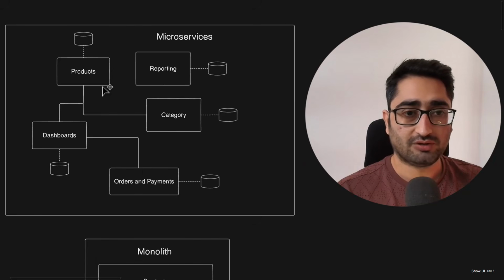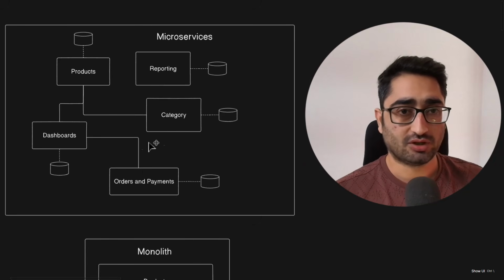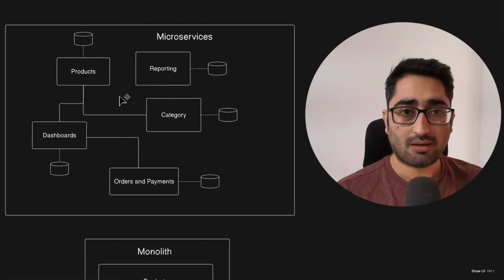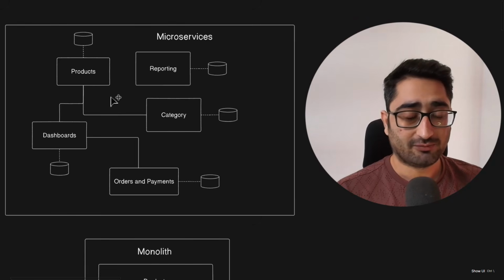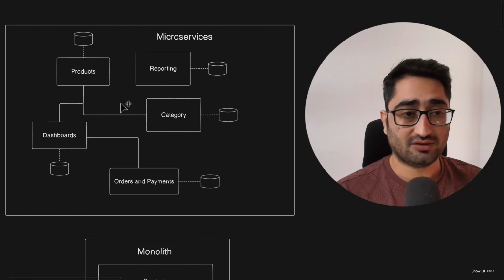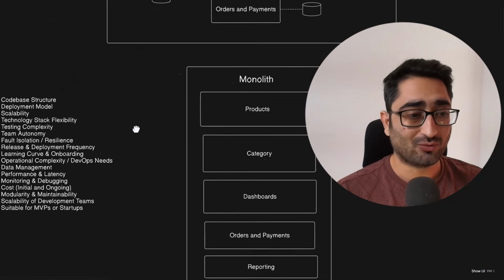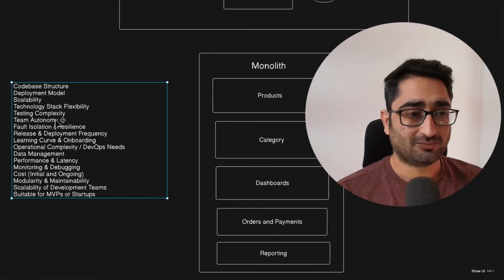For the outside world, it's not like there are individual services. If the user is interacting with an app built in microservices architecture, for him it's a single application and not individual services. But for the team, there are individual services and they have the ability to choose their own stack. So that is the best part of technology stack flexibility.